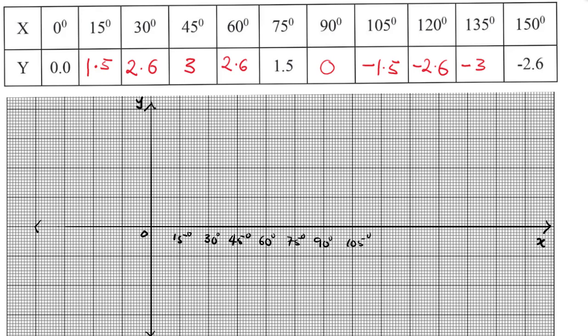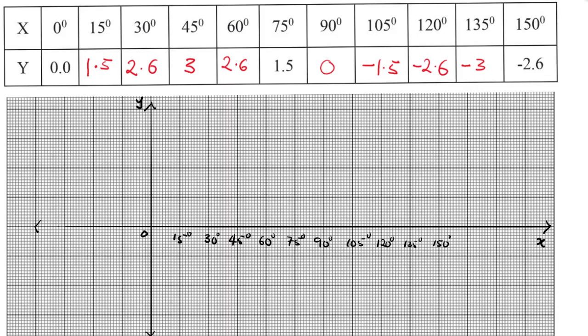Next one will be 120, because 105 plus 15 is 120 degrees. This one will be 135 degrees. Next will be 150 degrees, right?